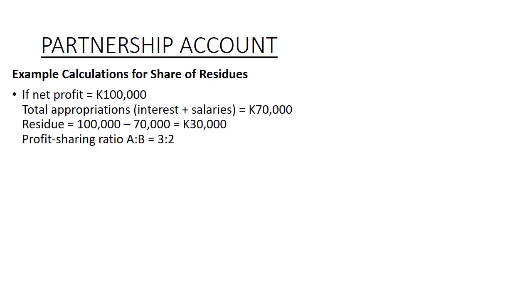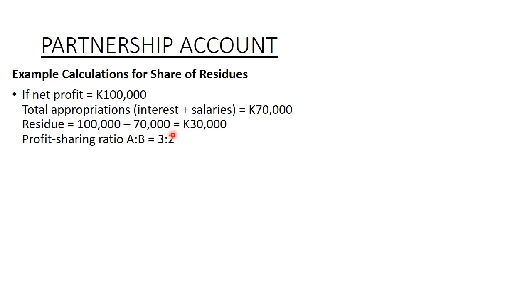Let's take a look at an example. Let's say the net profit is 100,000. The total appropriations, that is the adjustments, the interest plus the salaries, is 70,000. So when we do the addition and subtraction, we get the residual as 30,000.